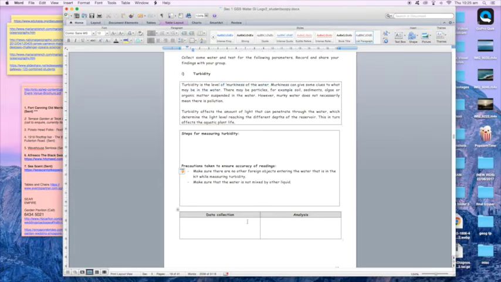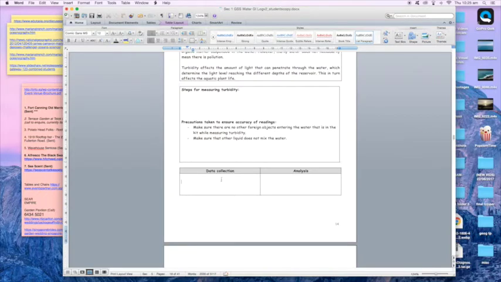So for data collection, different groups may have collected water from different areas, so you may put there, as an example here, in the middle of the biotope, and the measurement is 40 JTU.